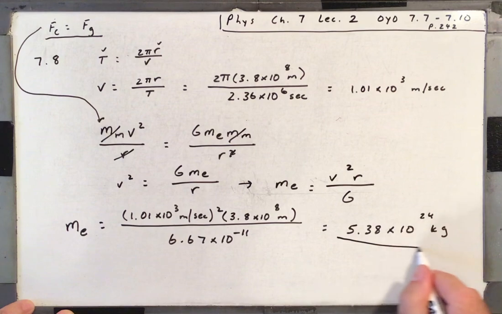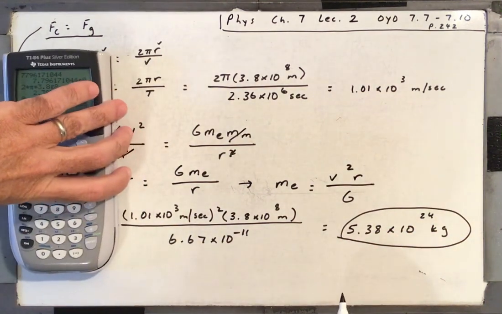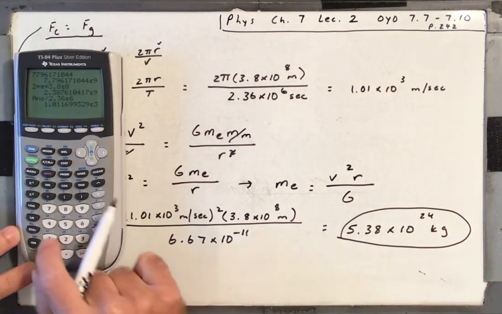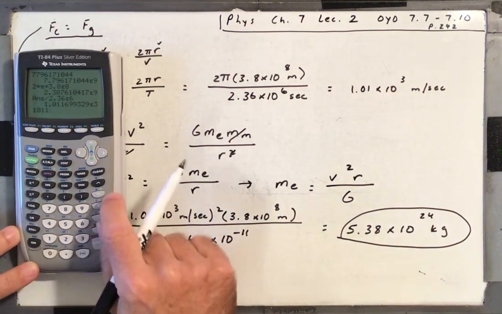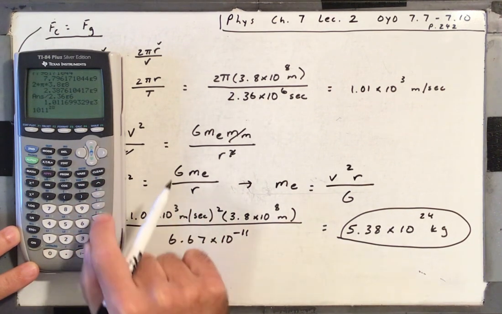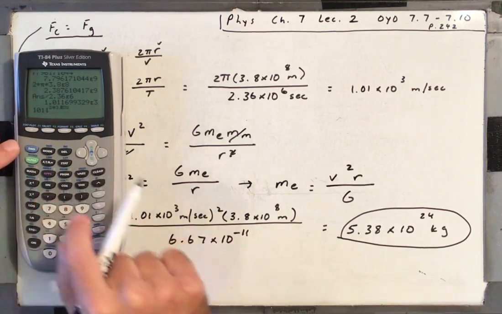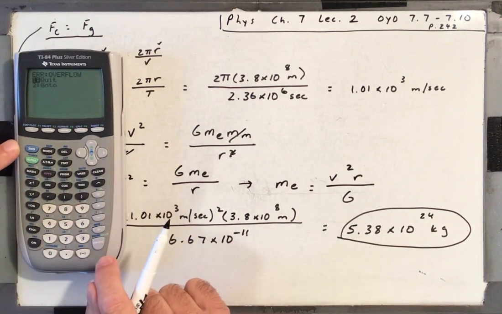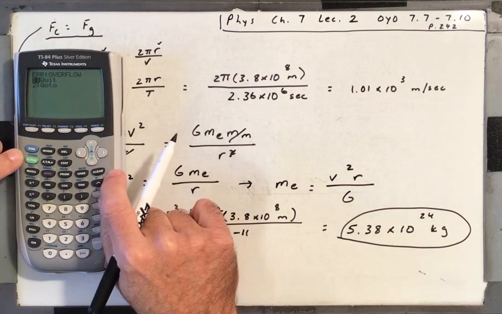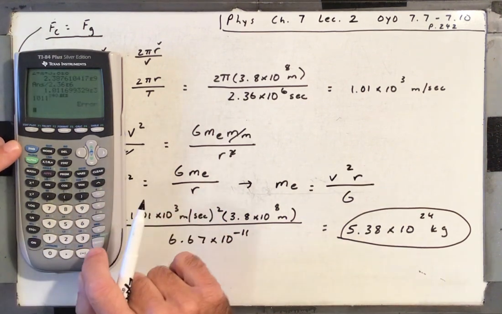And I'll go ahead and put it in, so hopefully you can see this. So that's going to be 1011 squared times 3.8 times 10 to the 8th. Oops, let's escape that. Try that again.